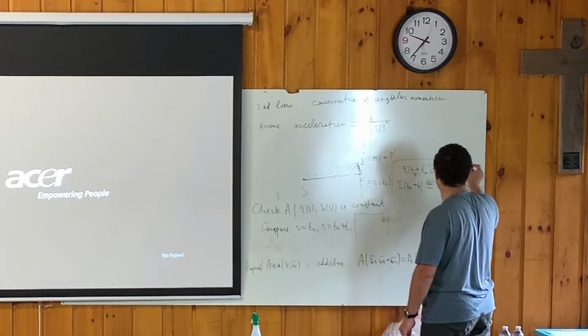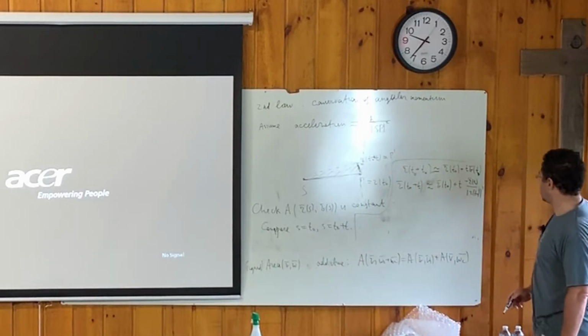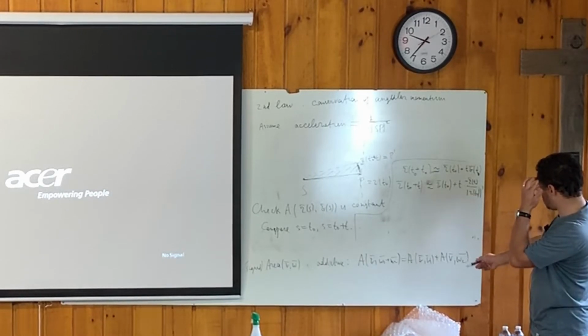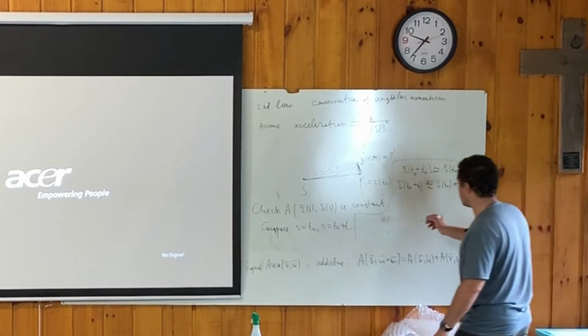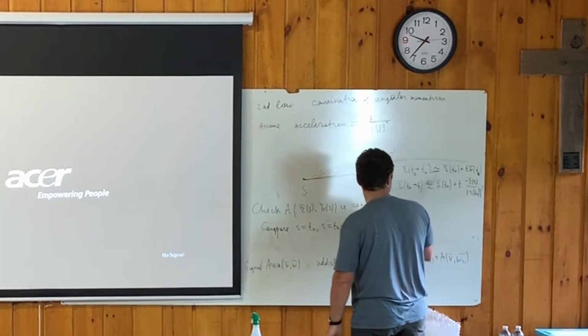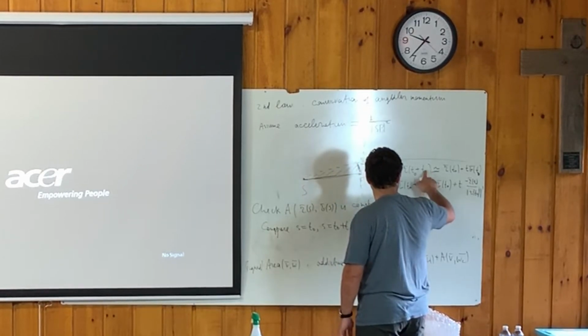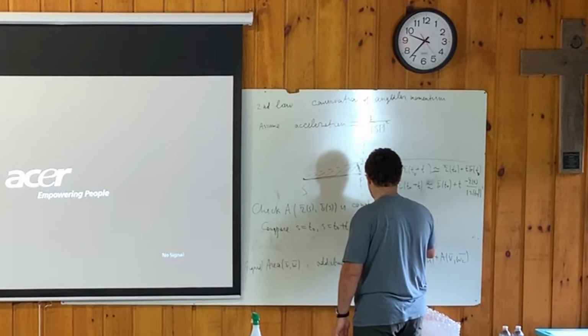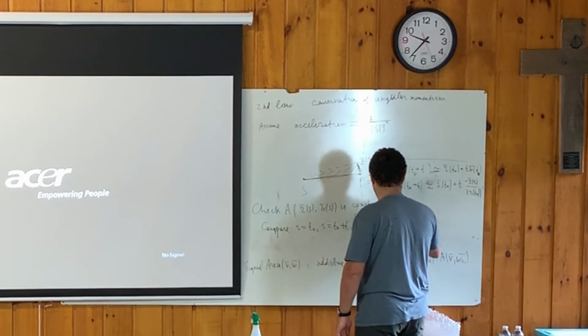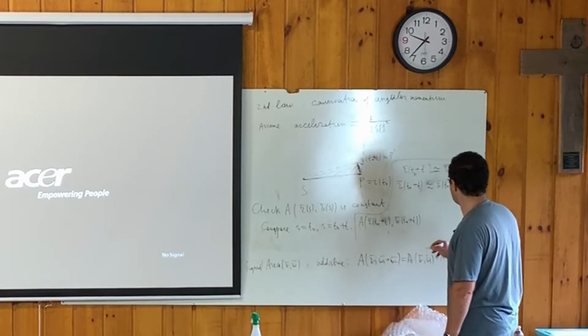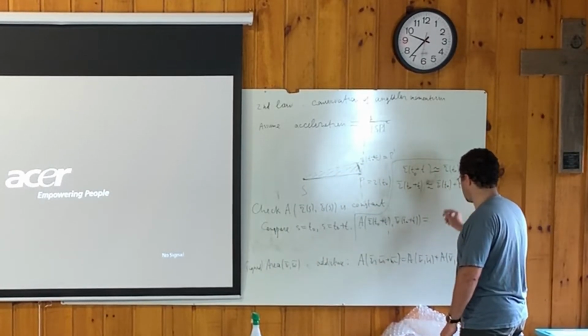But for now, let's just expand this using the additivity. So the area of R of t0 plus t, V of t0 plus t. Okay, so we just open the bracket.